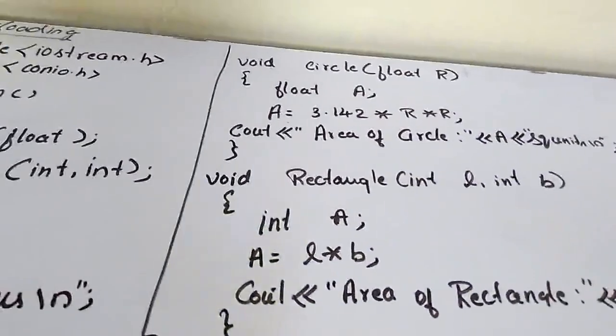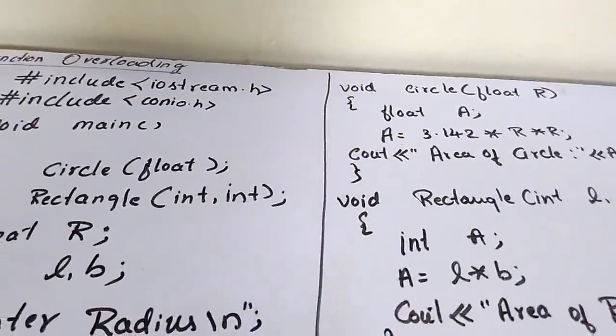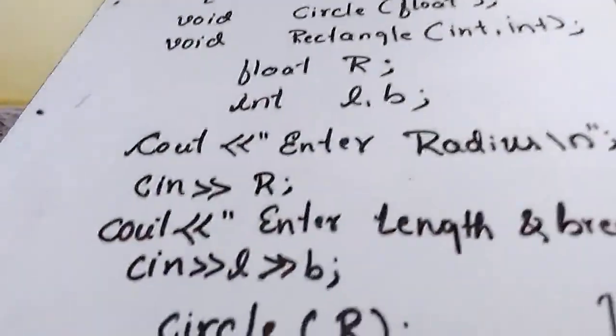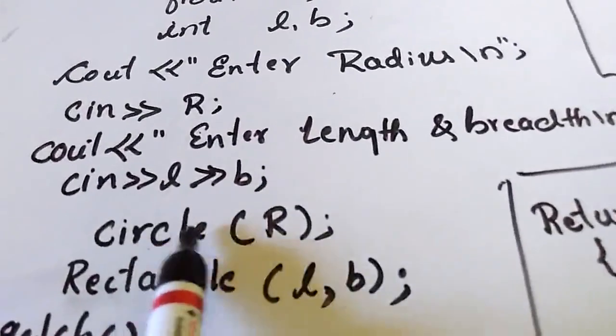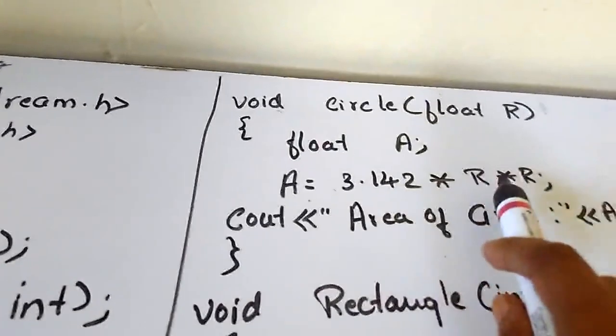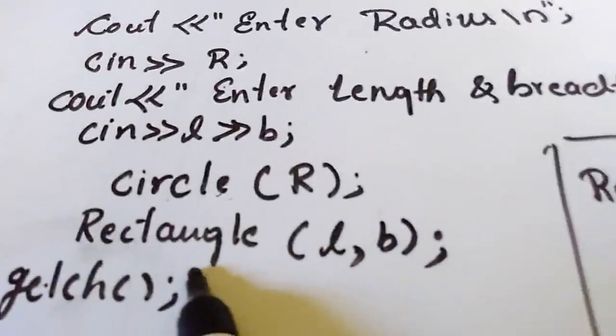So what you need to observe in this program is that we have two sub-functions and both functions have different names, so that for this function call, circle, the compiler exactly goes to the circle function and executes it, then comes back to the main function. The next function is rectangle.